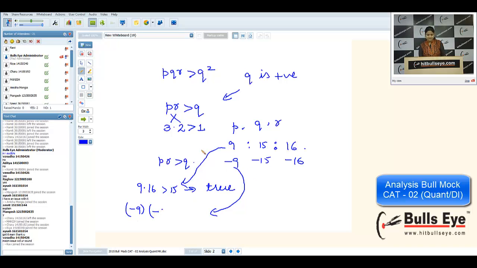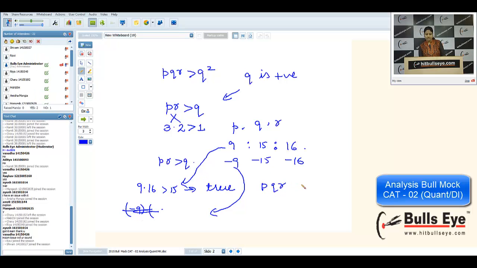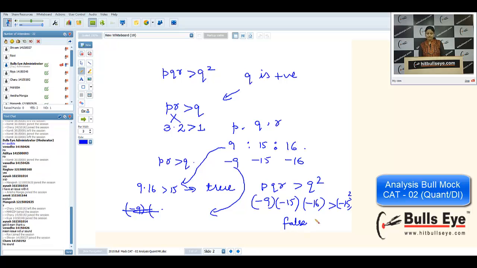But I cannot take this since Q is positive. So I'm considering the another thing. PQR is greater than Q square. It will be minus 9 minus 15 minus 16 is greater than minus 15 whole square. Obviously, which is not true. A negative quantity cannot be more than a positive quantity. That's why we are left with only one case. That's why we can say that by using both these statements together, we can answer this question.